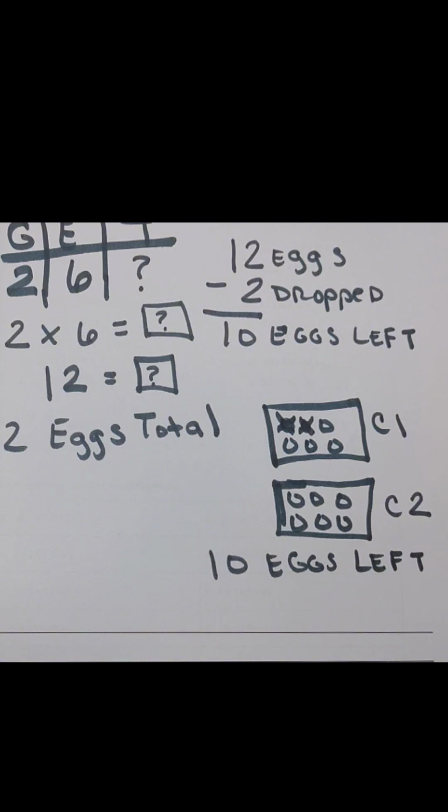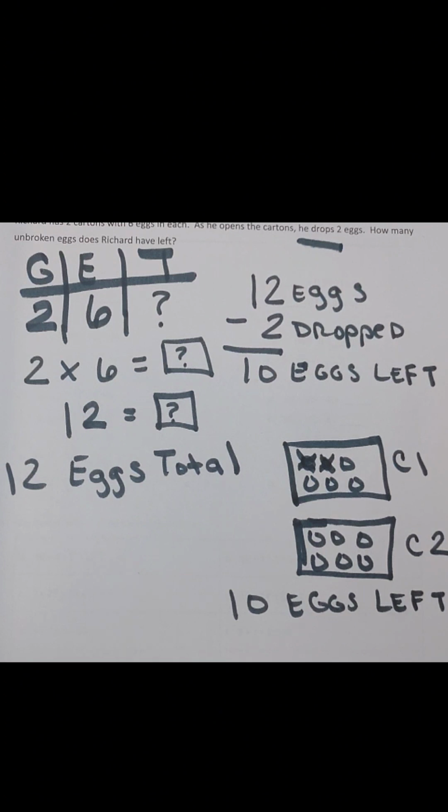Either way, it's correct. So if you have a student that likes to draw a pictorial model, that's fine. If you have a student that likes to create a get chart as they've learned in class, that's also fine. If you have a student that likes to draw an array, that works as well. They could have drawn 2 rows of 6 and then crossed out 2 eggs.